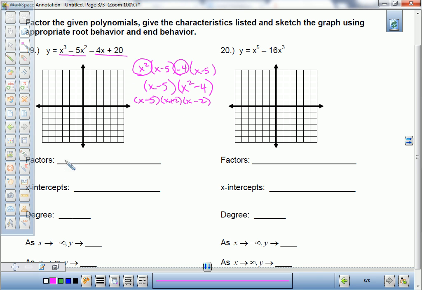X squared minus 4. So over here we want an x squared minus 4. So what do we have to divide out? A negative 8. Because we want this to change to positive and this change to negative. So this gives me x squared minus 4, and this gives me x cubed minus 8.